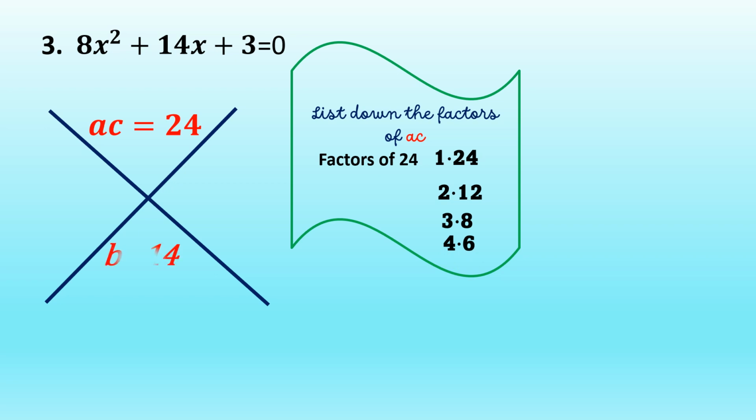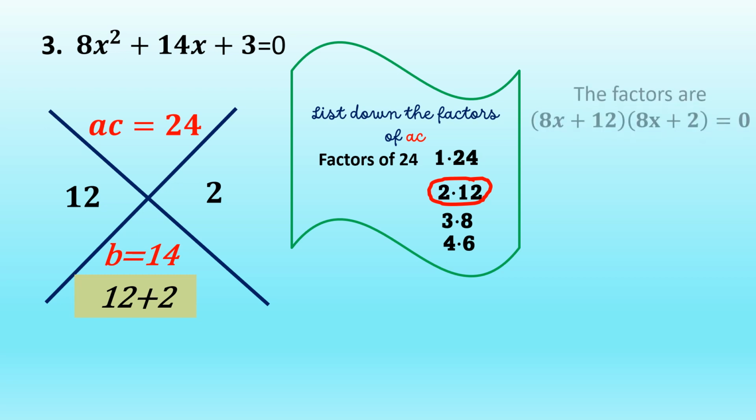Take note that our b is equal to positive 14. Which pair of factors will have a sum of 14? We have 2 plus 12 would be 14. So we write 2 and 12 on both sides of the X. So 12 plus 2 equal to 14.